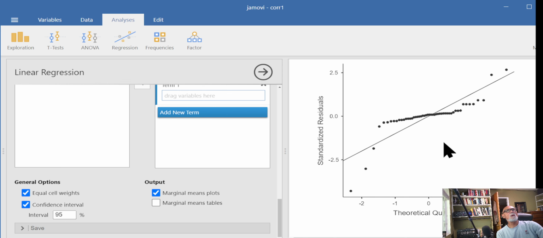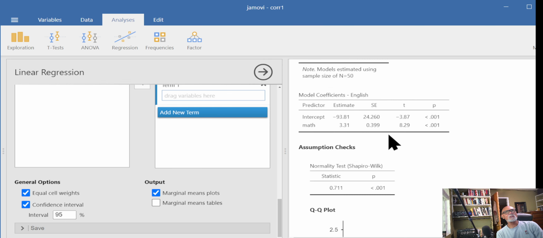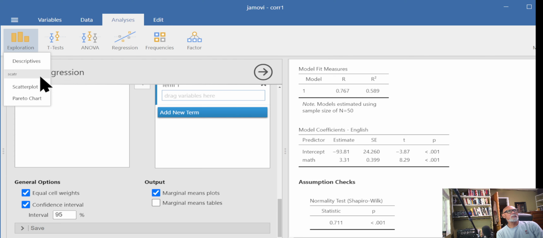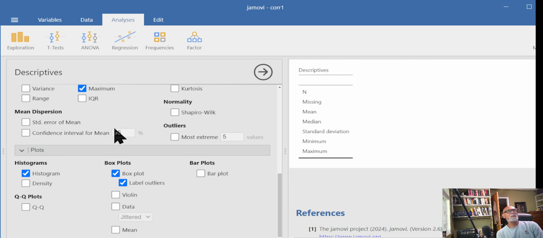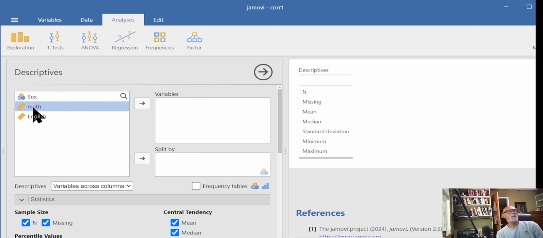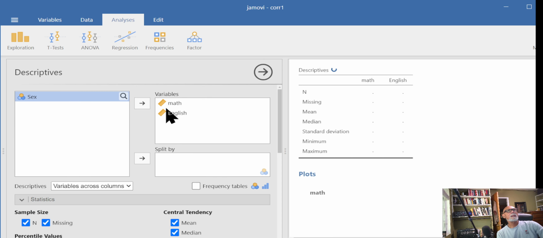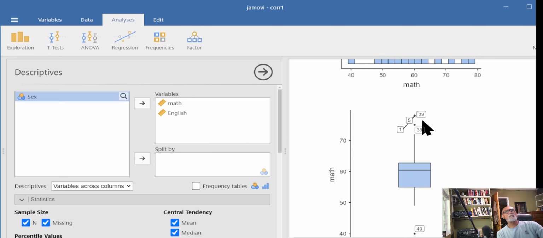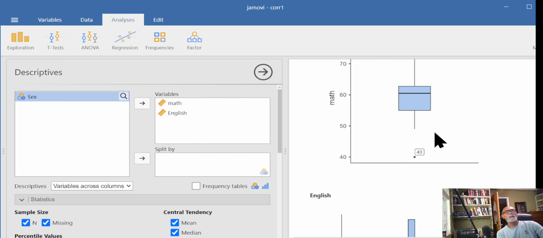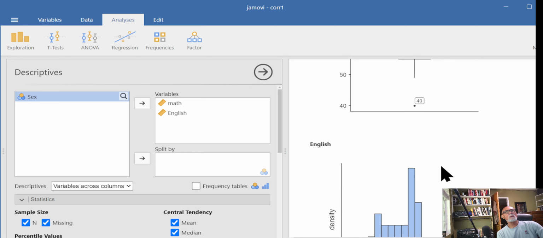If we want to know what scores those actually are, we can go back to our descriptives and take a look at the box plot and the histogram. And we will put our two variables here. And you can see on English we have these 4 high scores and one low score.